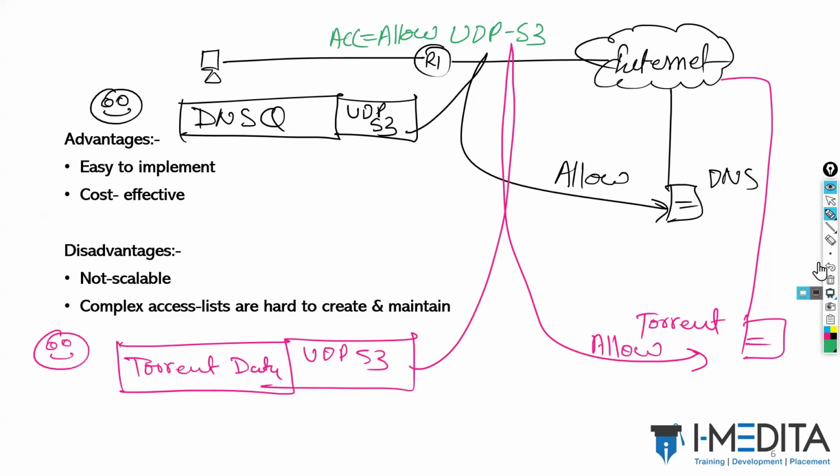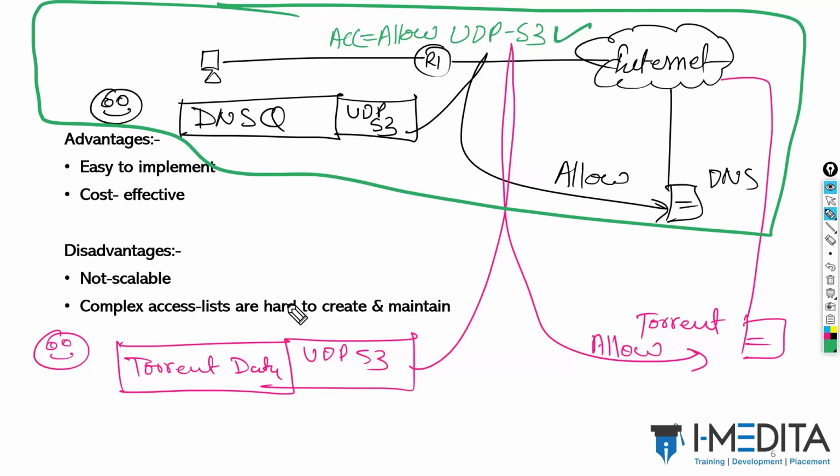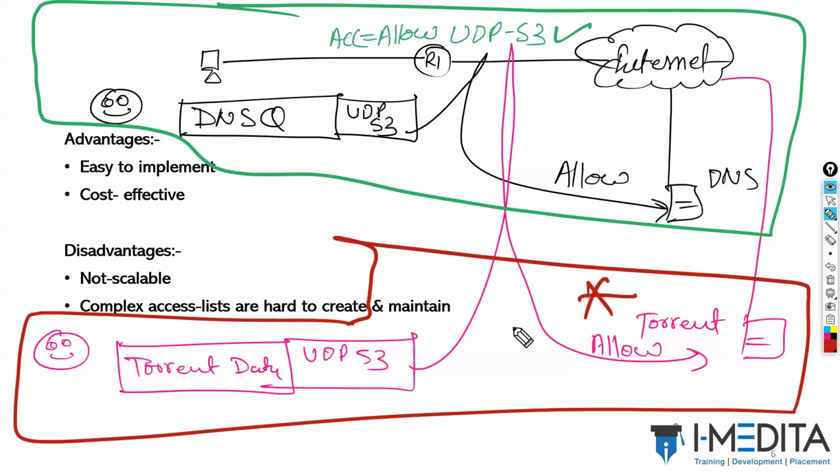So you can't create such an ACL. You cannot create an ACL such that if a DNS query is going under UDP port number 53, that should be allowed, and if torrent traffic is going at port number 53, that should be denied.